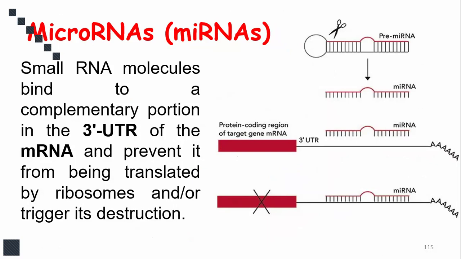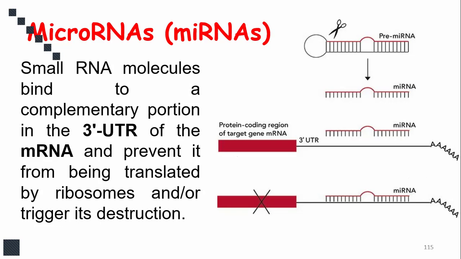MicroRNAs are small RNA molecules that bind to complementary portions of the 3' untranslated region of messenger RNA and prevent it from being translated by ribosomes and/or trigger its destruction. Remember that messenger RNAs are supposed to be single-stranded molecules.